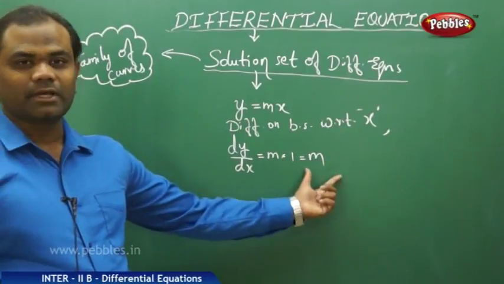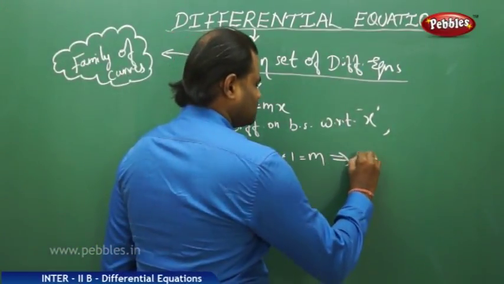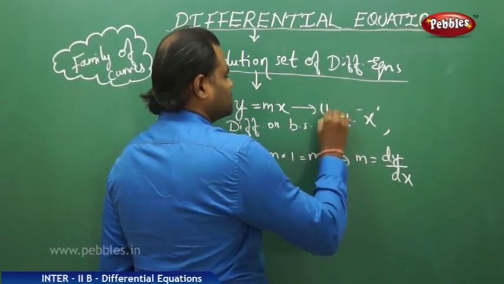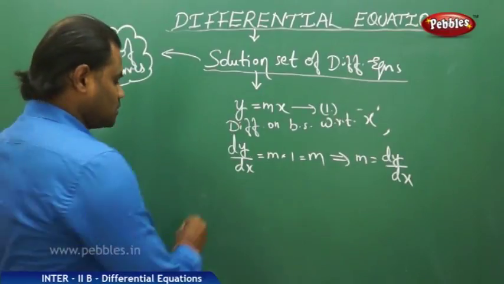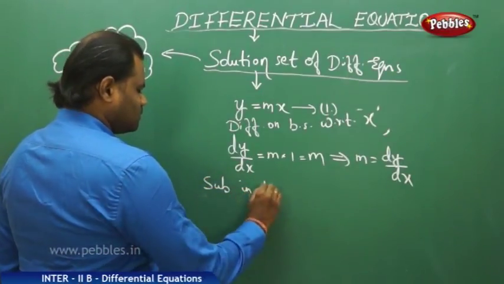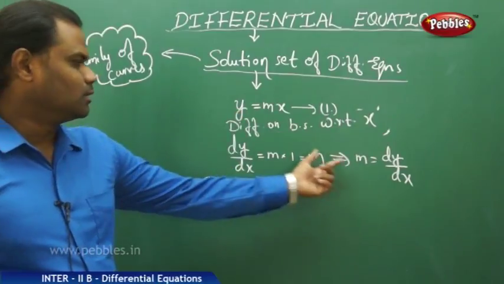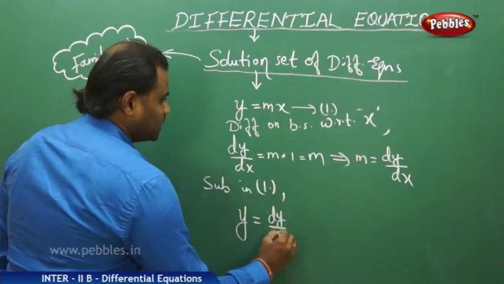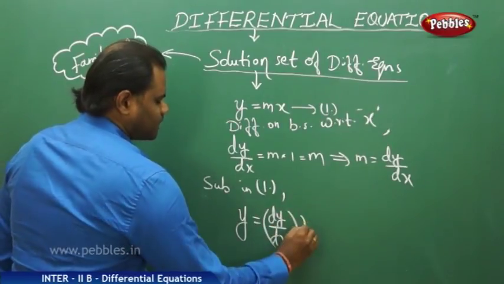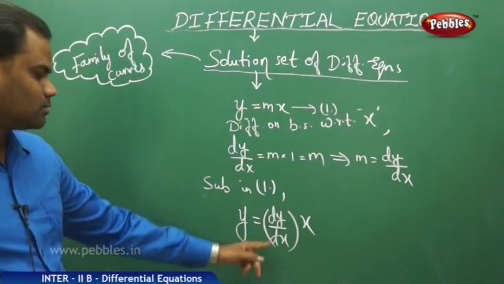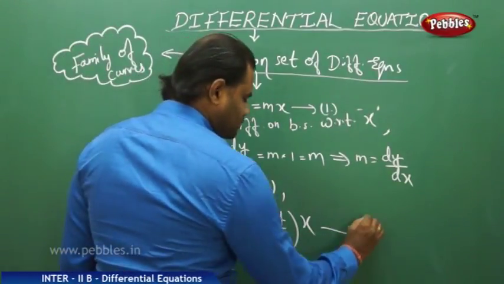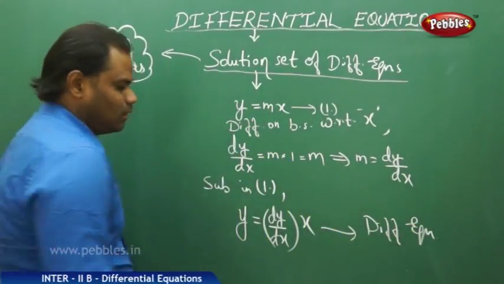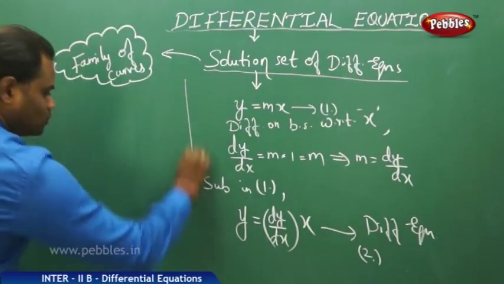So dy by dx is m, which I'm going to substitute in 1. So substituting in 1, I get y equals m, which is dy by dx, times x. So this is the differential equation which I have obtained for 1. That is, 2.